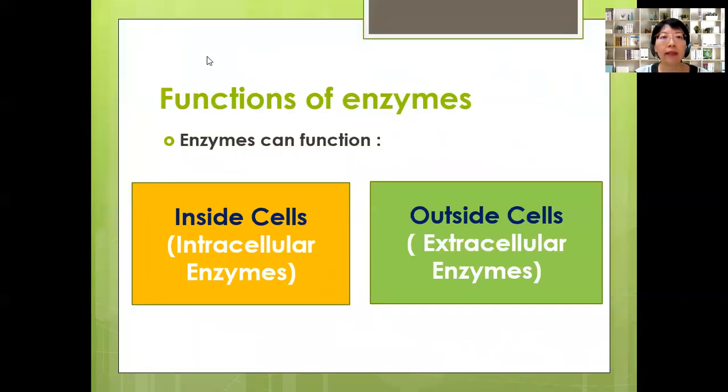Okay. Now, enzymes. Enzymes can function either inside the cell or outside the cell. Right? So inside the cell, we call them intracellular enzymes. Outside, we call them extracellular enzymes. Okay.